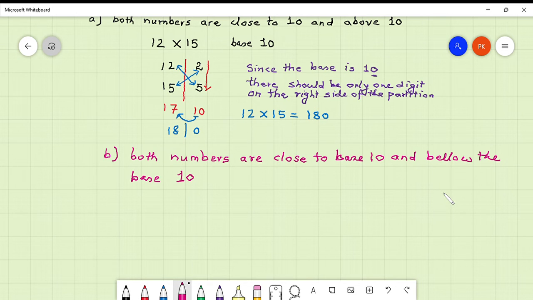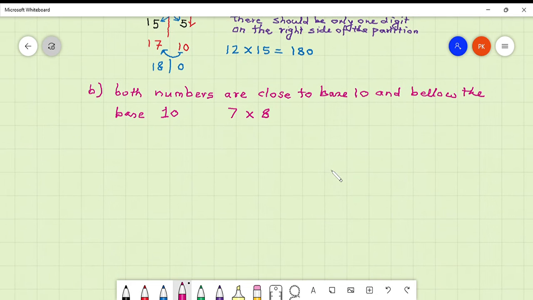So consider a simple example like 7 into 8. You already know that 8 sevens are 56, but let us see this by the Nikhlam method.